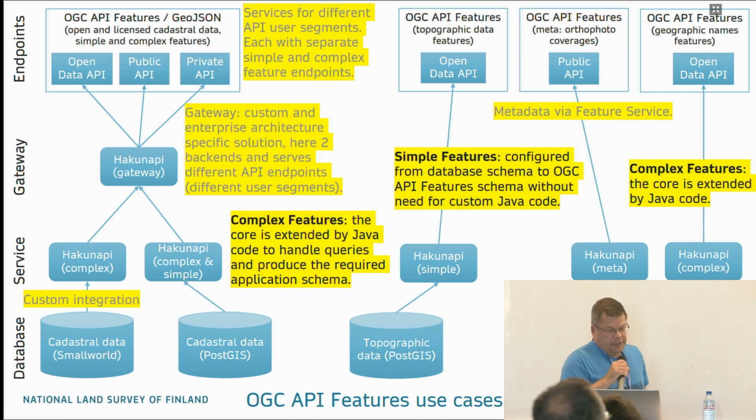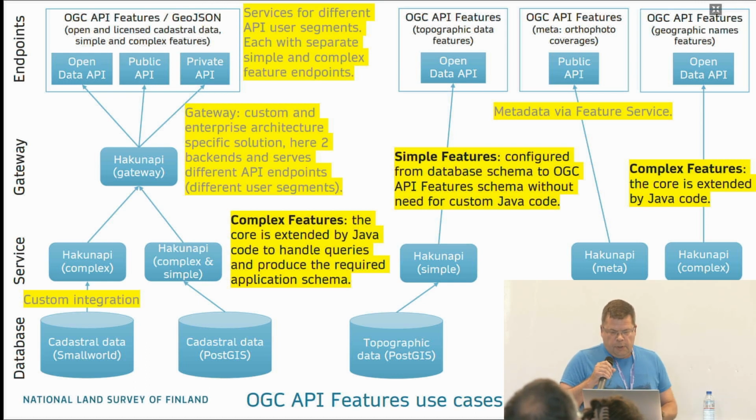There are different databases at the bottom, and then there is a service layer based on this Hakunapi tool. They are both simple feature services that are implemented just by configuration from database schema to feature schema.